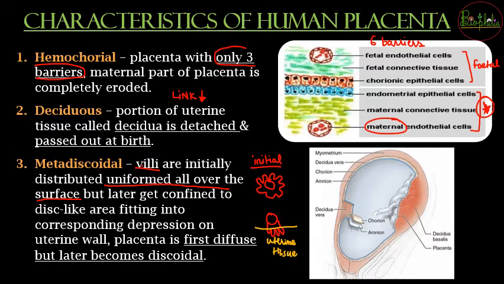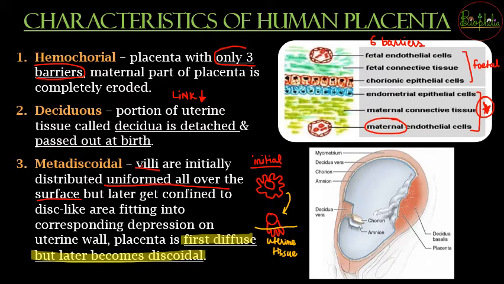So जो एक initial conditions में होगा, wherein entire surface will be covered by the villi, that is going to get converted to form this type of tissue जहाँ पे एक ही side पे the finger like projections are going to be present. So since both the stages are found for the human placenta, it will be called as metadiscoidal. यानी क्या है, it is going to be first diffused but later it becomes discoidal, that is limited to a specific area.